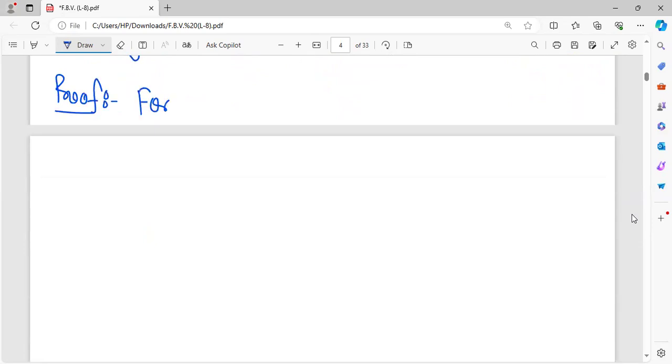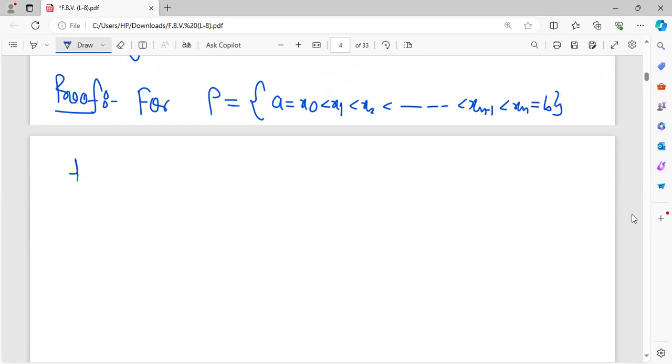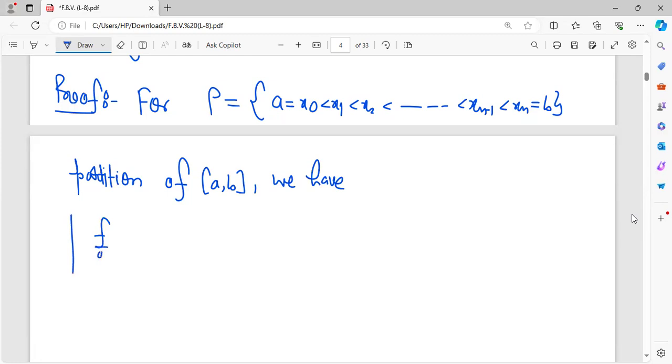Okay, so let's prove it. For P, I'm taking a partition of [a, b]. What we have, f upon g.